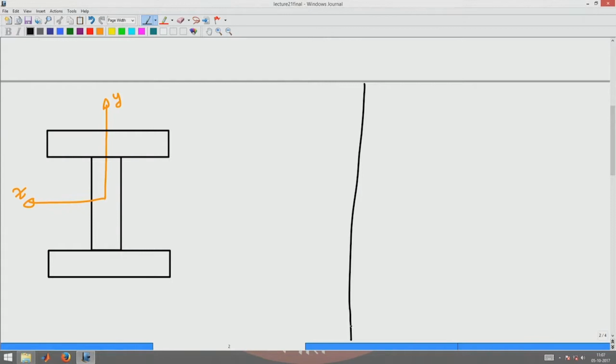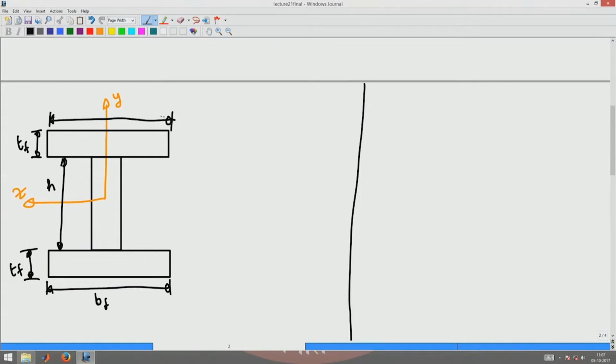Let us assume that the flange is of width Bf and thickness Tf, and the web height to be h, and again the top flange is of the same thickness Tf and the same width Bf.